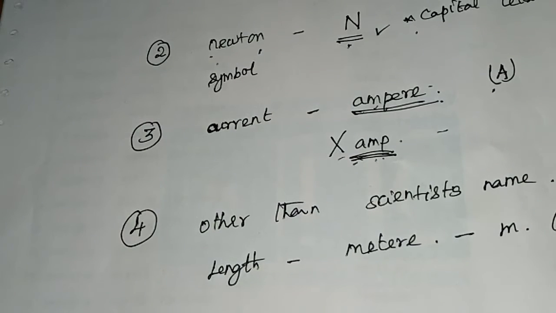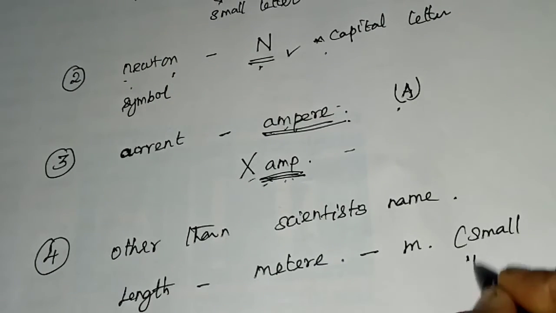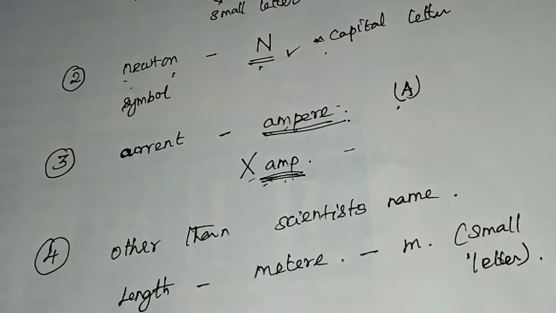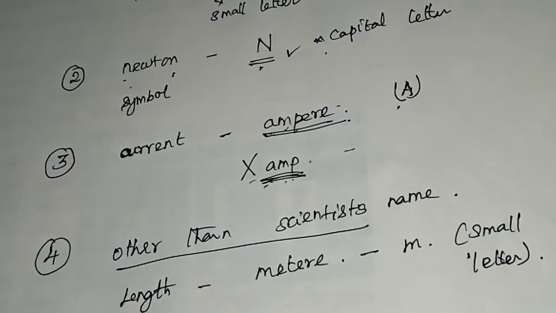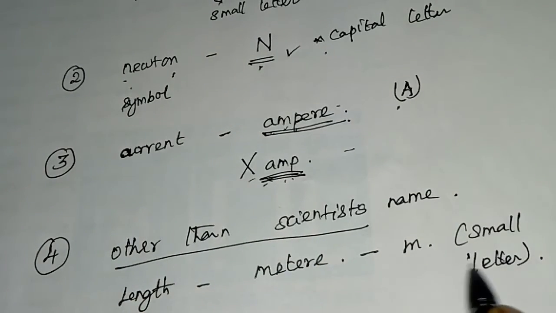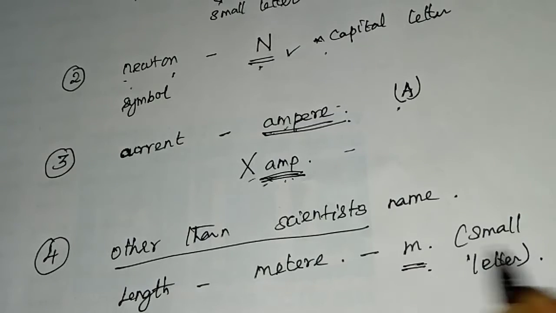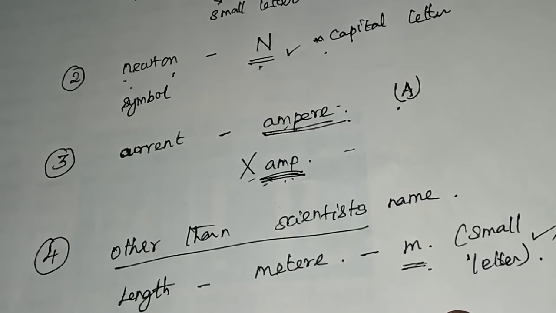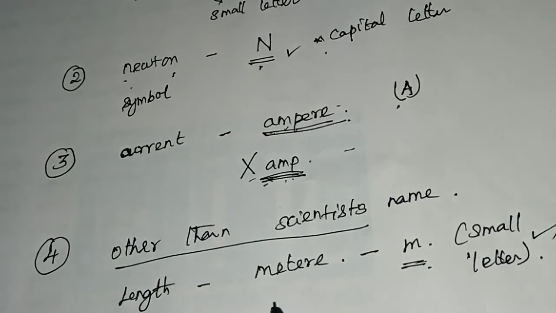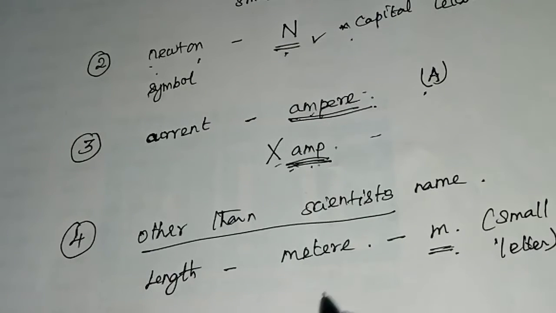You should not write the symbol as a capital. You should use a small letter for anything other than a scientist's name.